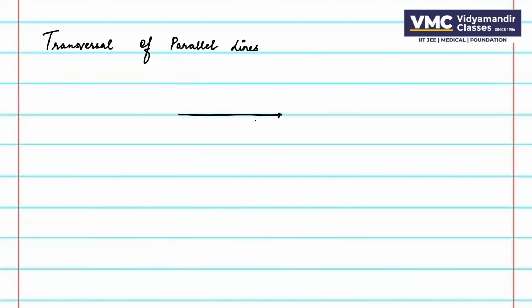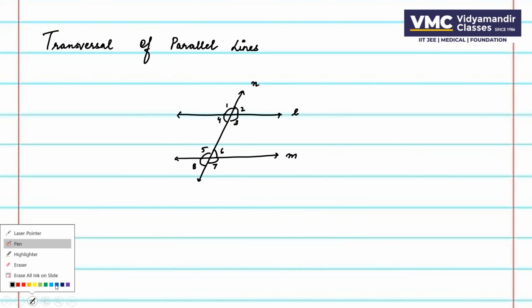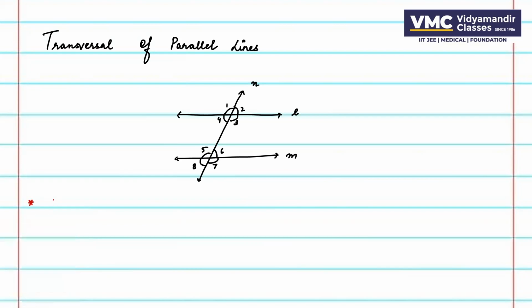Now, if we are having any two lines which are parallel to each other and a transversal is passing through them, L and M are parallel, N is a transversal line. Again, 8 angles are formed: 1, 2, 3, 4, 5, 6, 7, 8. But when a transversal is passing through parallel lines, each pair of corresponding angles are equal. You can just note down.